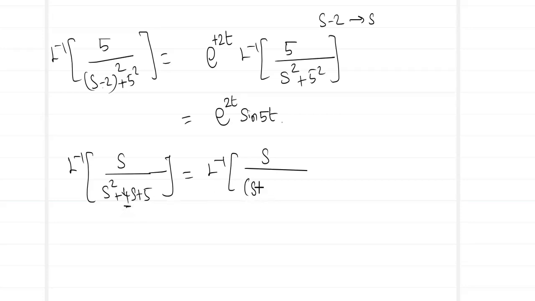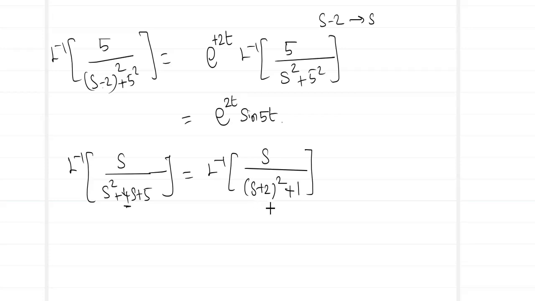In which case, I will have s plus 2 the whole square. 2 square is going to be 4, but you have 5 as a constant. Hence, the extra value is going to be equal to 1. We are making use of the property of converting into a perfect square.